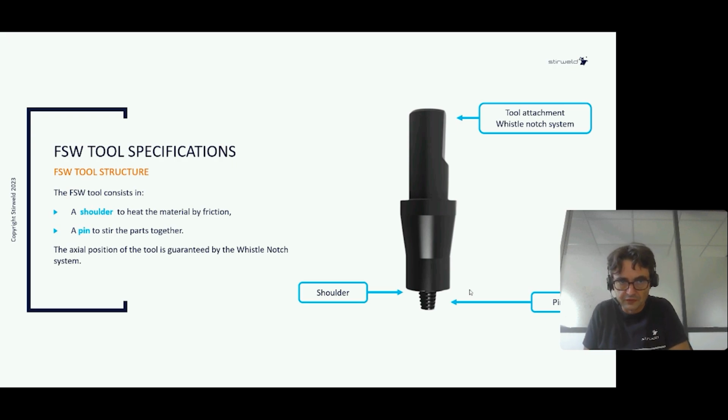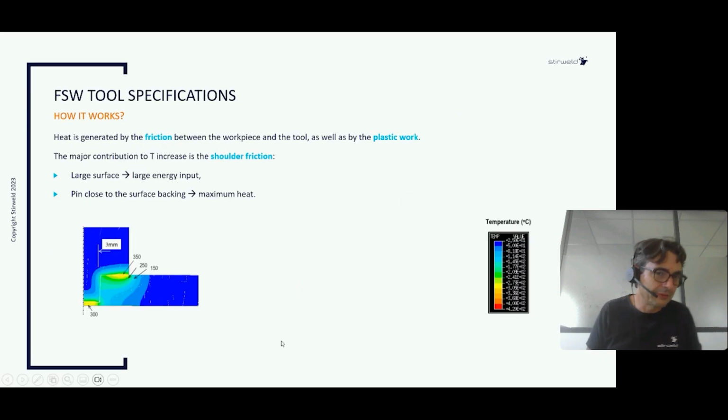The second part, the pin, plunges into the piece, and thanks to the rotation of the tool, stirs the material. So the shoulder creates the heat and softens the material, while the pin stirs and mixes the parts together. That is the basics, but in fact the physics is a little more complex.